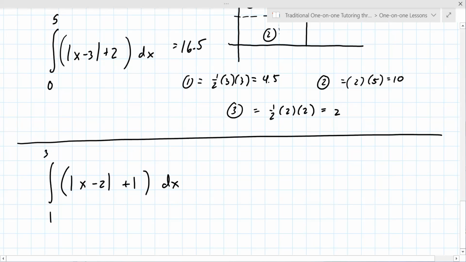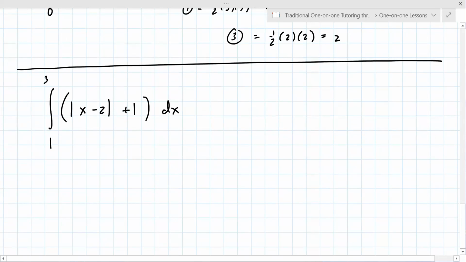Take as much time as you need to get the answer for that one. It's 2, 1, right? For the vertex of the absolute value. It is, yep.